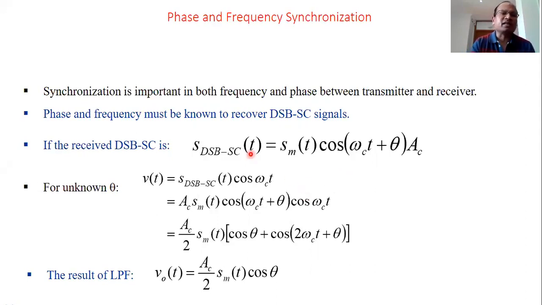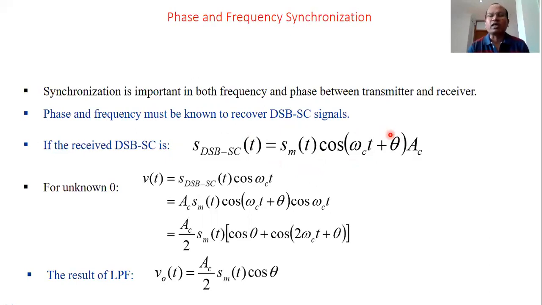AC cosine omega CT into SMT is the transmitted signal. But at the receiver we receive AC cos of omega CT plus theta into SMT. It is the same signal, but there is a phase difference of plus theta.